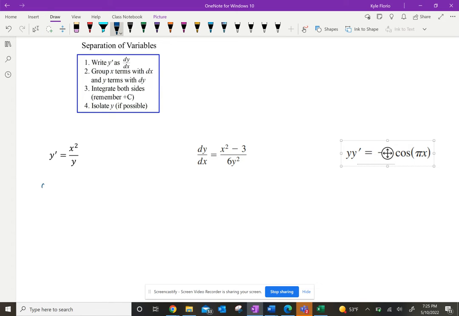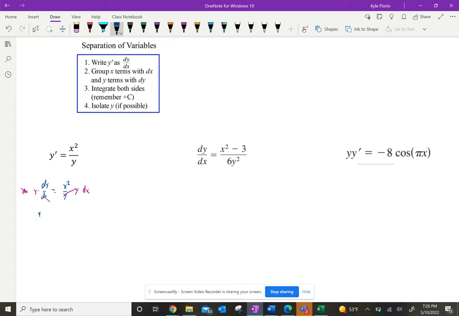The first step, let's write y prime as dy dx. And now let's group the x terms with dx and the y terms with dy. So I can multiply both sides by y to get the y dy together and multiply both sides by dx to get the x's together.